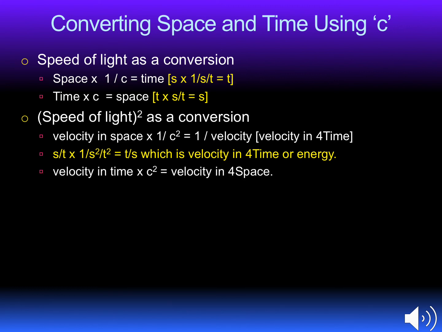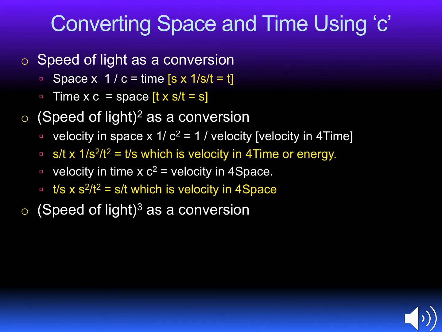Now, velocity in time times c squared is velocity in space. The units for this work out to be velocity in time, t divided by s, times s squared divided by t squared equals s divided by t, which is velocity in 4 space.